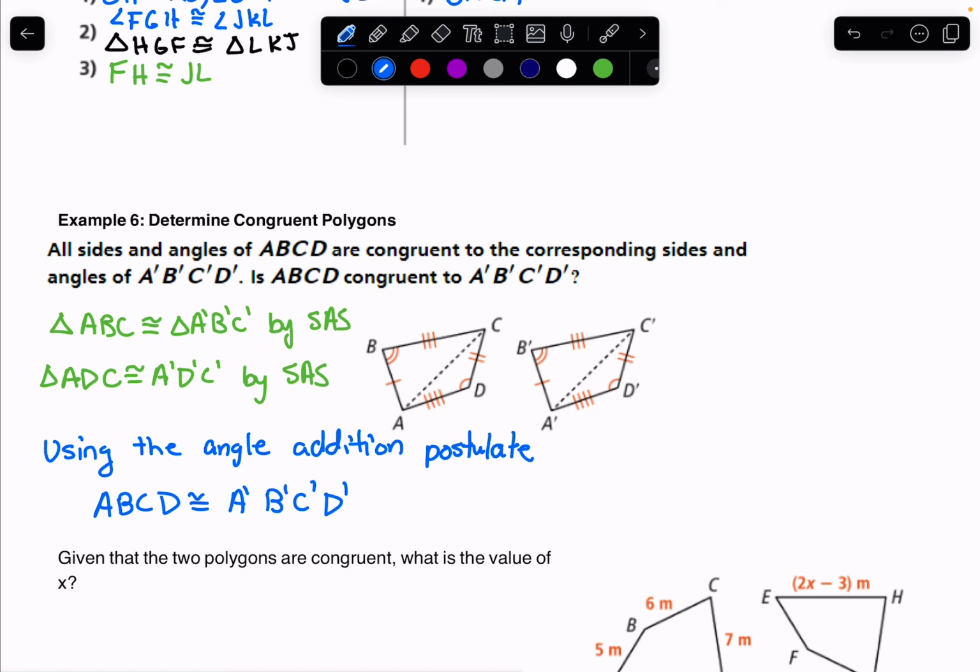Another way of saying that is if I take two pieces that I know for a fact to be congruent, like I do here, and I put them together in exactly the same way, like it's done here, then I will get two bigger shapes that must be congruent. And that's kind of what we did, just in fewer words.